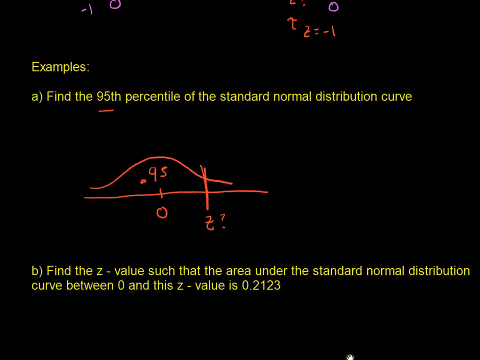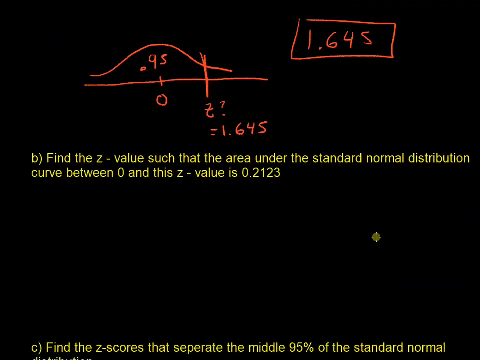So what's the value of this z-value? It's approximately 1.645. So the 95th percentile is 1.645.